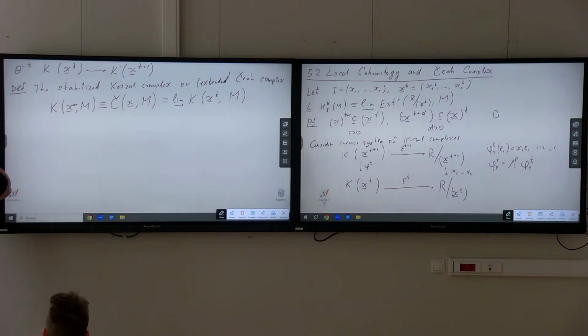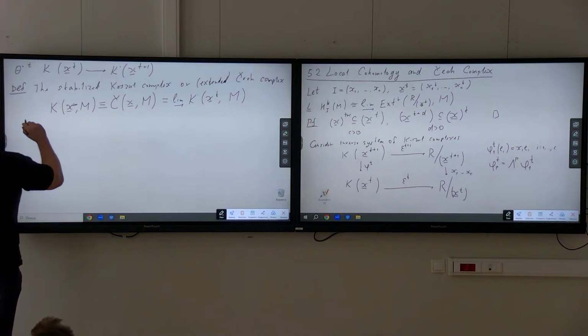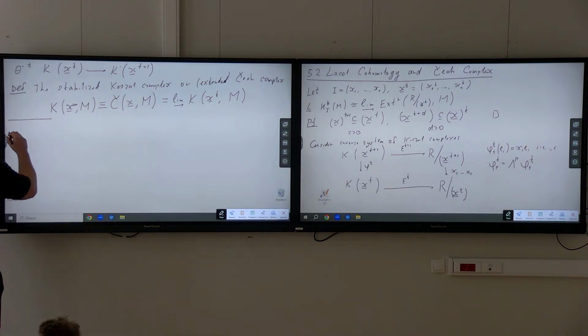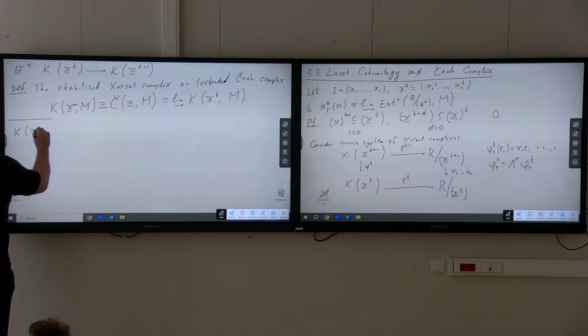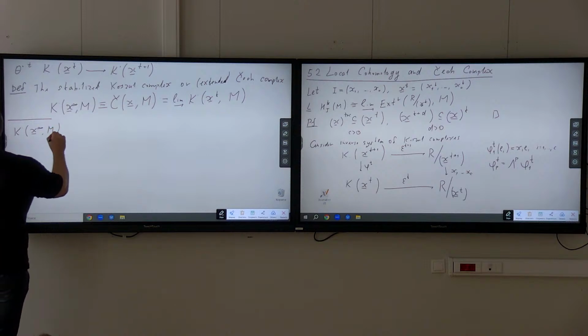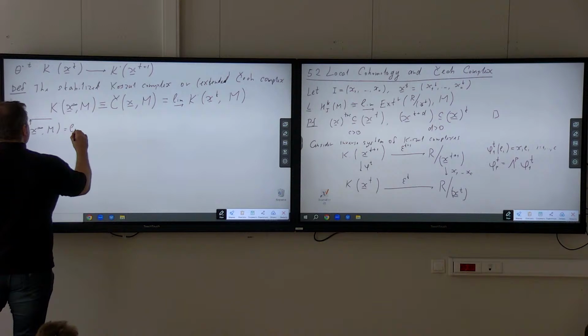Okay. So before we prove anything, we can look at a very simple but useful observation. There is this stable Koszul complex, which is the corresponding limit. Let me write this limit.